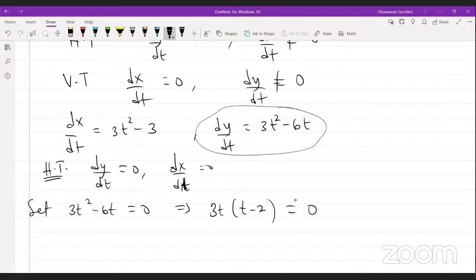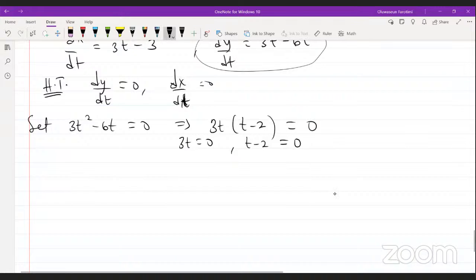Now, how do you deal with this? Either this factor is 0 or this factor is 0, right? So what does this tell me about my t? My t is 0 or 2.